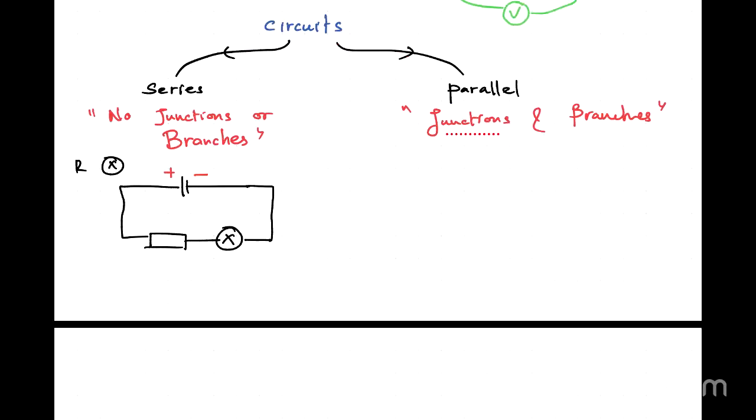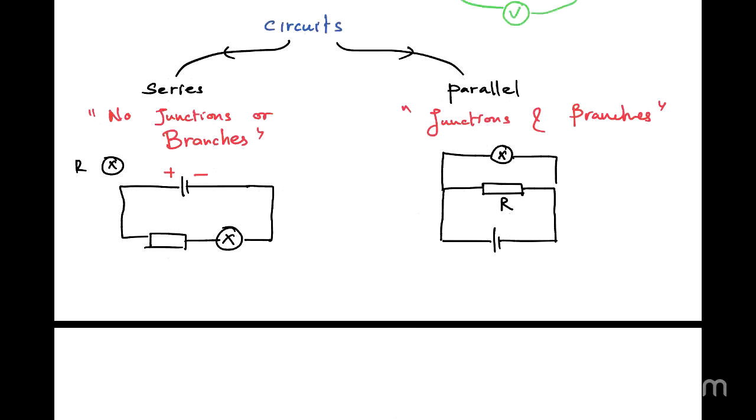The same circuit can be drawn in a different way. Here, I'm going to divide this little branch and attach the resistor like this, and the bulb I'm going to attach like this. Now you can see, this is the positive end, this is the negative end. The current will start from here.